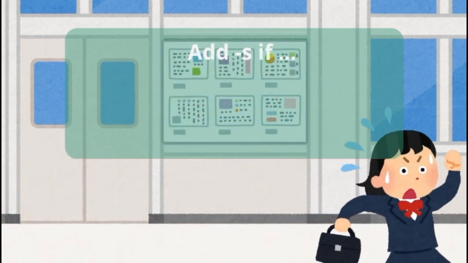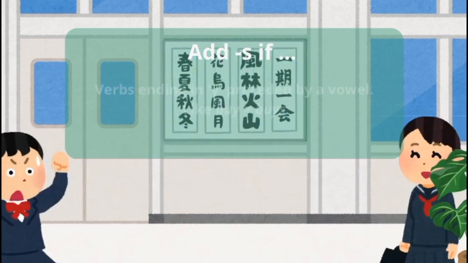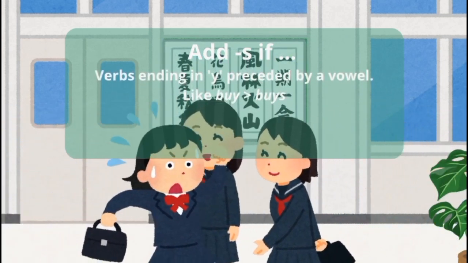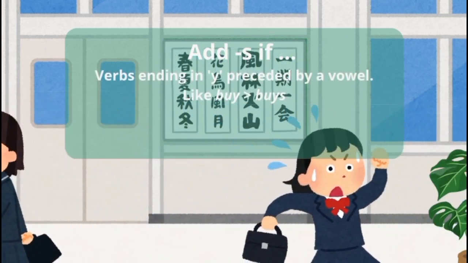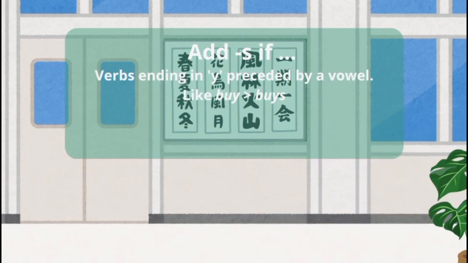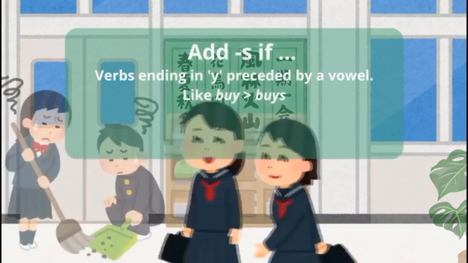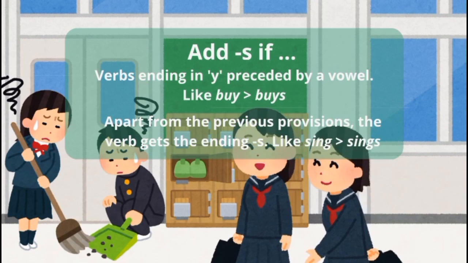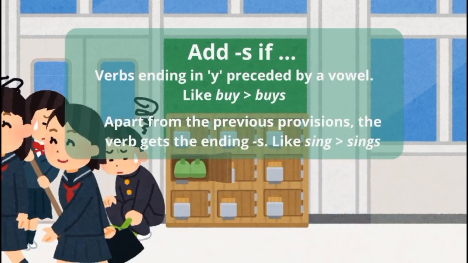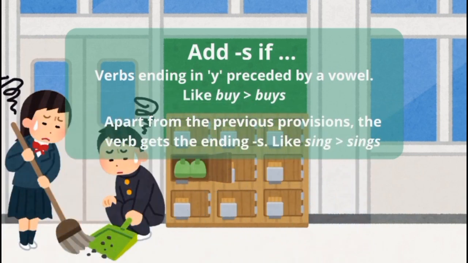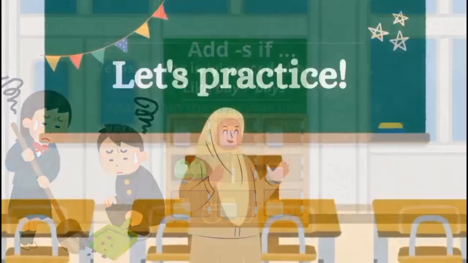Next, we add s if first, verbs ending in y preceded by a vowel, like buy to buys. Second, apart from the previous provisions, the verb gets the ending s, like sing to sings.